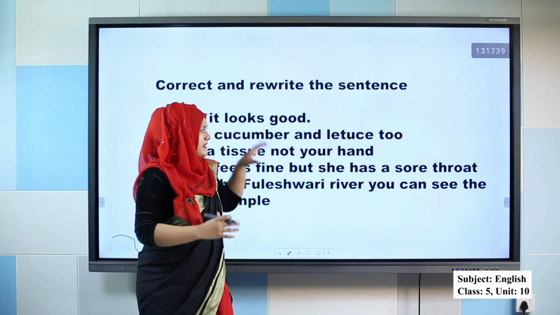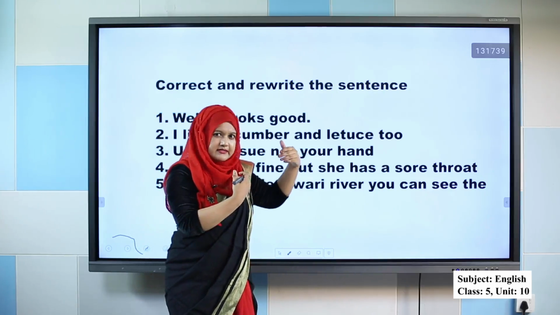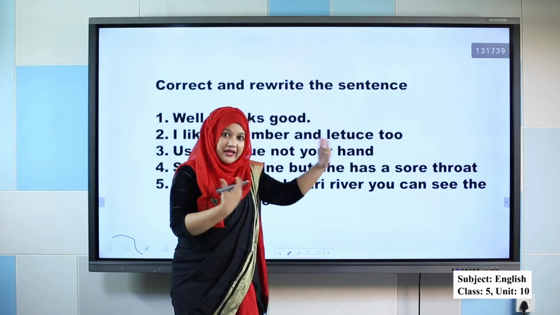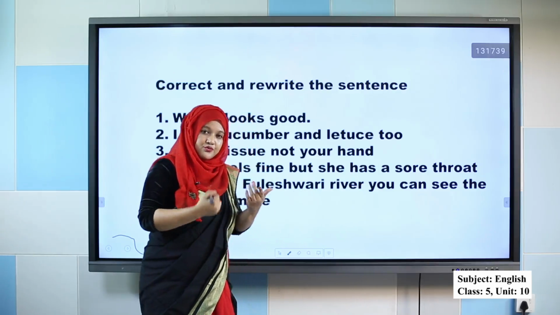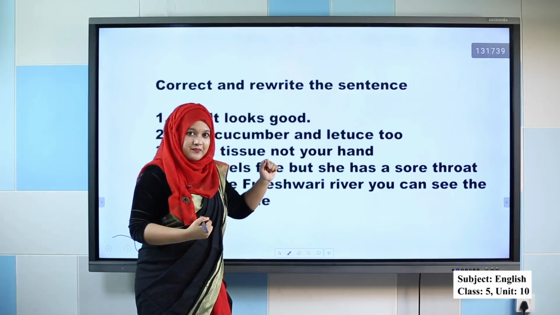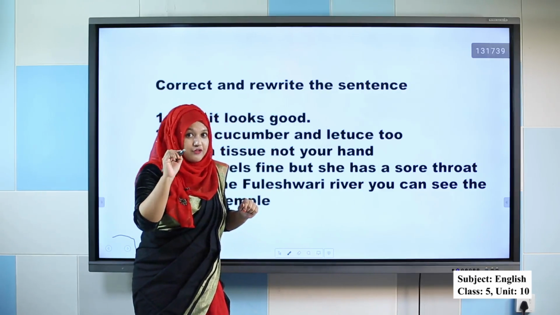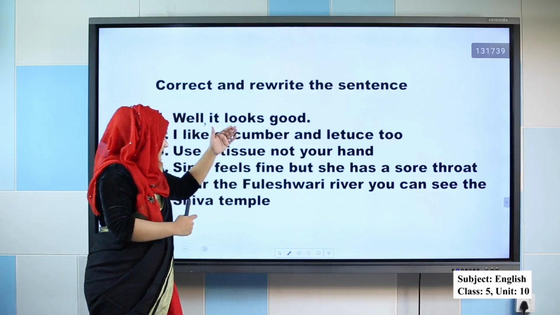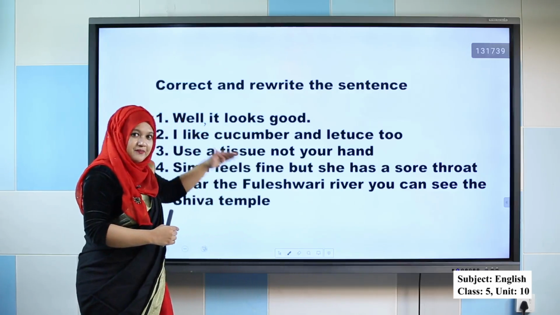And as the sentence ends here, what do we do after ending the sentence? What should we use after completing the sentence? Yes, we use a full stop. Very good. So the sentences are given one by one.